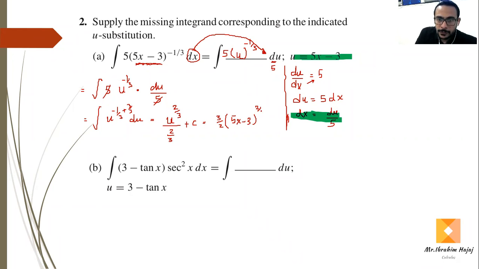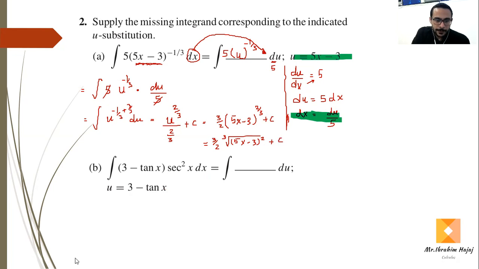We can leave it as power 2 over 3 or write it as the cube root, third root of 5x minus 3, all squared, plus c.